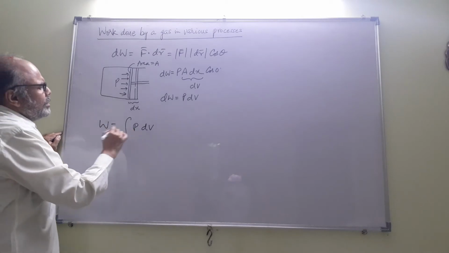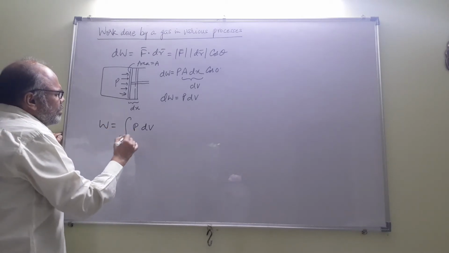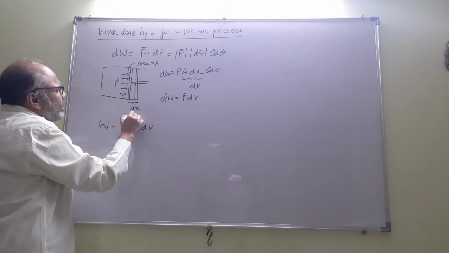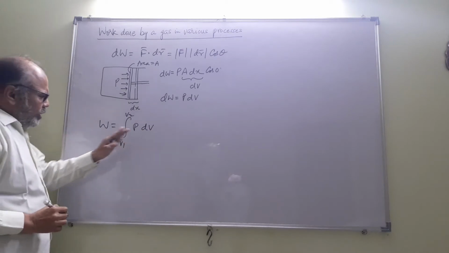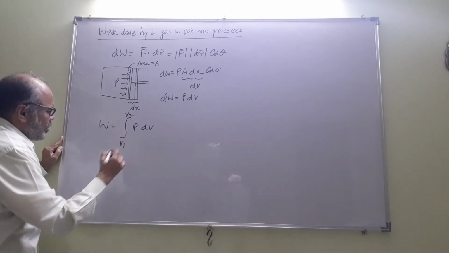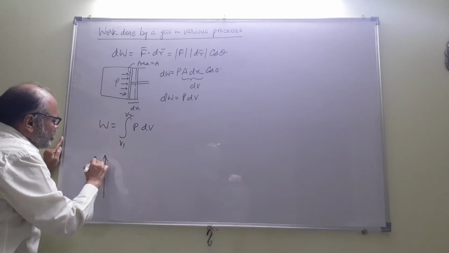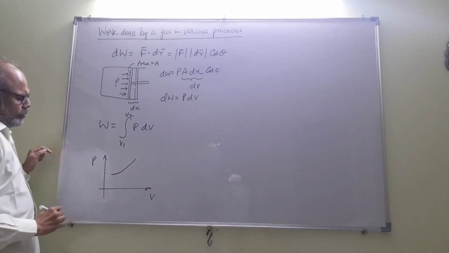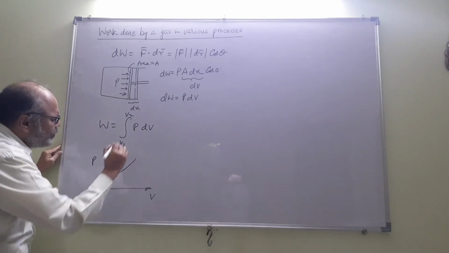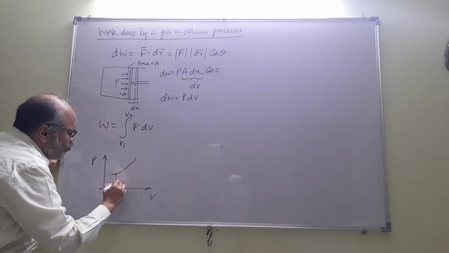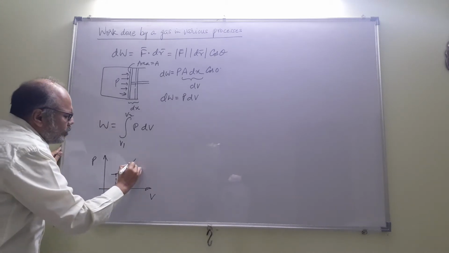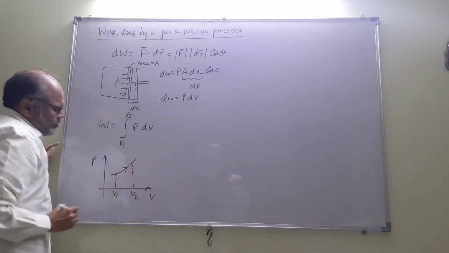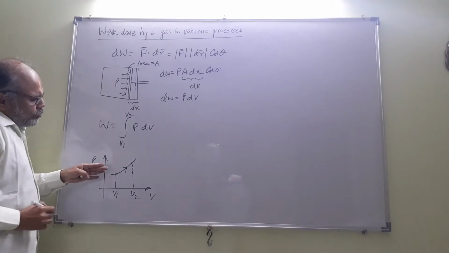Now this integral P dV, let us say the initial volume is V1 and the final volume is V2, we can calculate the work done in this process. Now, if we plot a P versus V graph, let us say the graph is something like this, then we are saying that from state 1, where the volume is V1, to state 2, where the volume is V2, we are expanding the gas, and so this is the process.